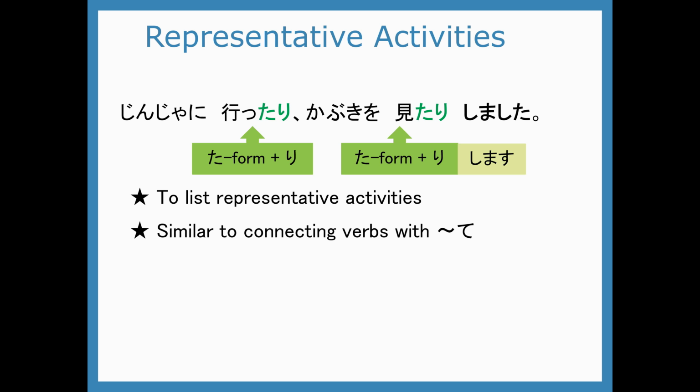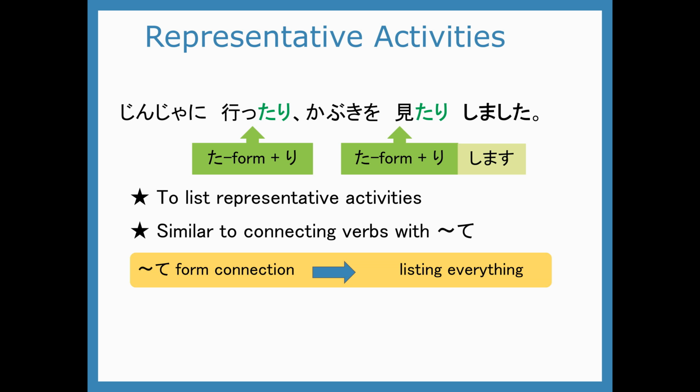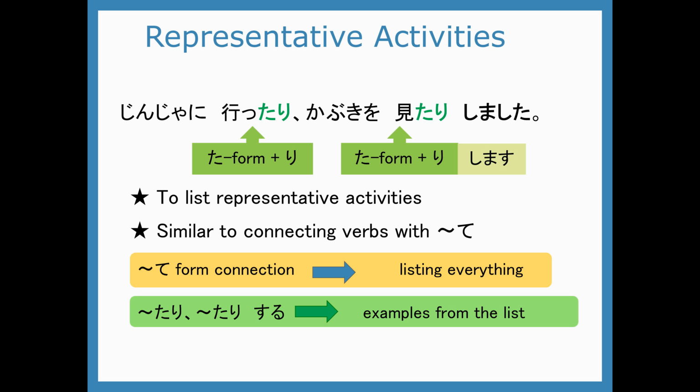This is very similar to what we talked about back in chapter 10, where we connected different verbs with the te form. But when we connect verbs with the te form, the idea is that we're listing every single thing that we did. Whereas when we have the tari suru, we're just giving examples from a long list of different things.